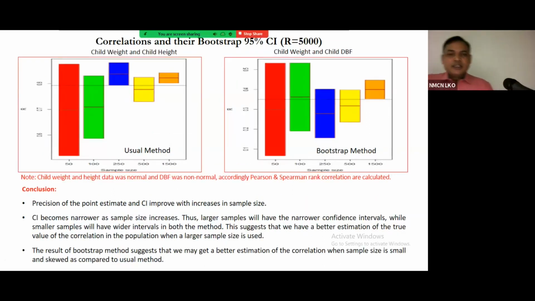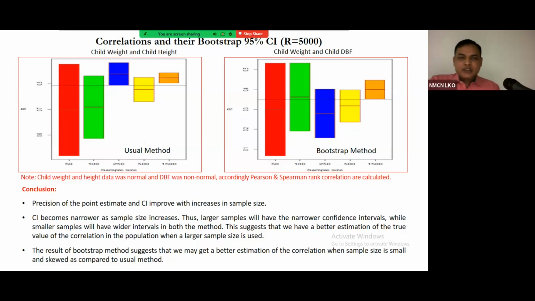Here in this slide, the first one is estimated through the usual method, and the second is estimated through the Bootstrap method. The child weight and child height data were normal, but the distribution of breastfeeding was not normal. So accordingly, we have used the Pearson and Spearman rank correlation.